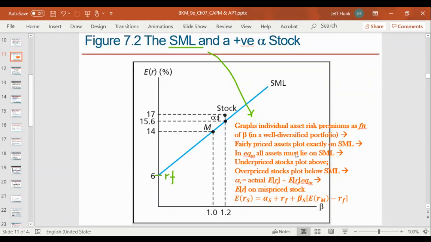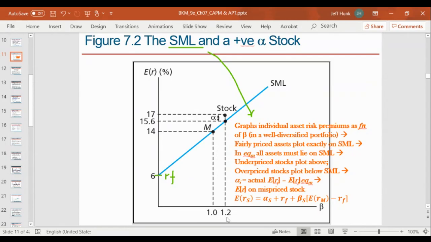But look, the reality is that sometimes there are abnormal returns, and the abnormal returns are captured by alpha. I mean, the stock's abnormal returns, right? And of course, that's why we want to identify stocks with alpha.